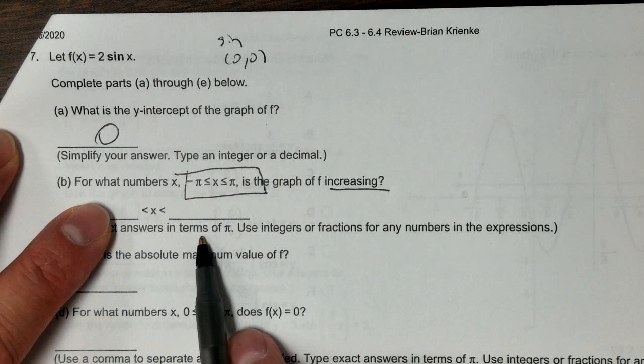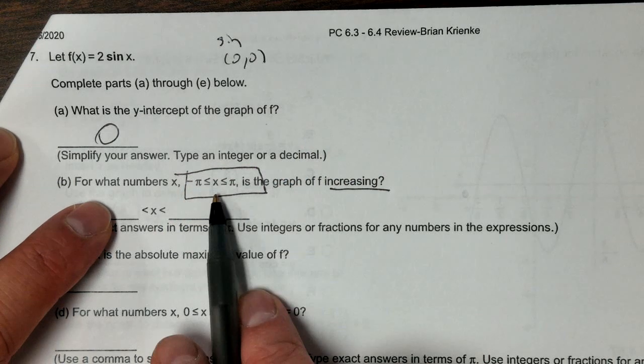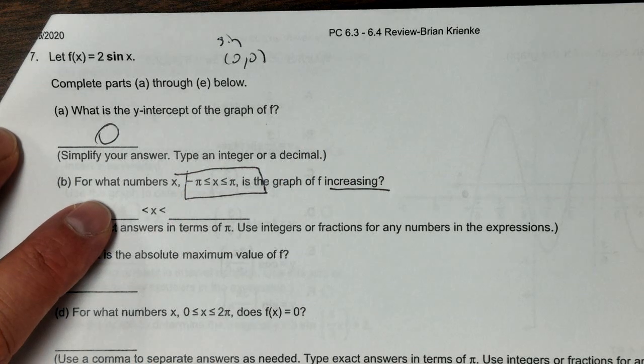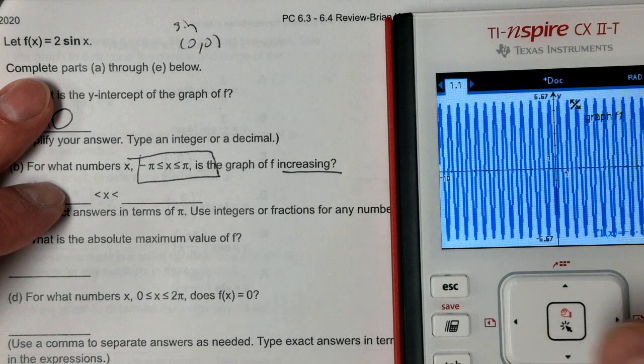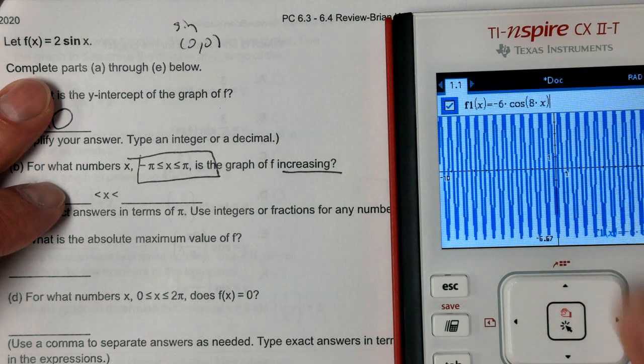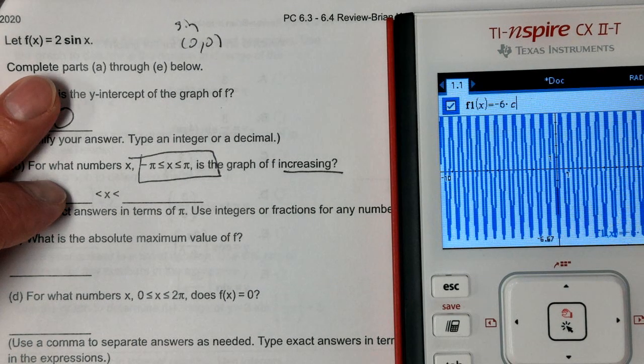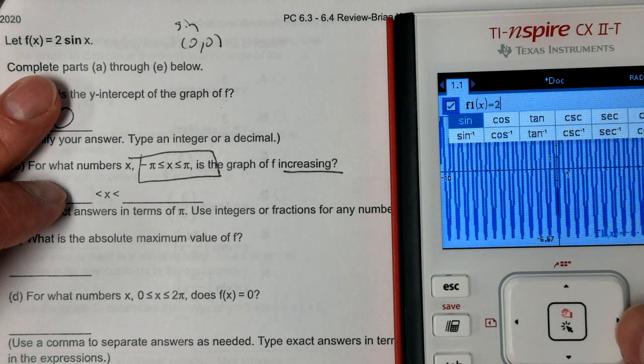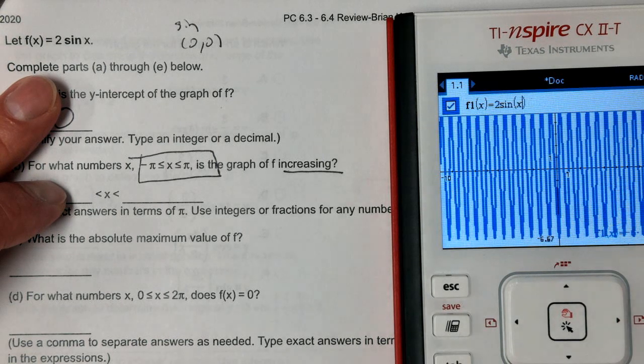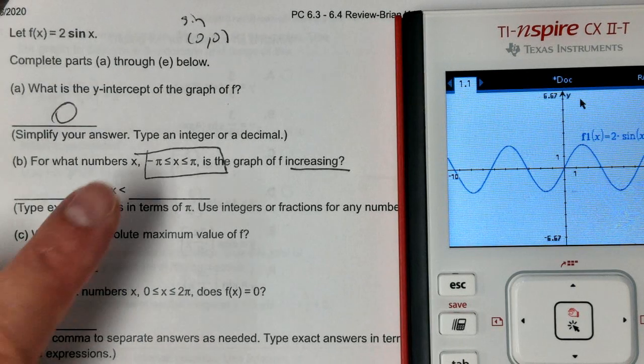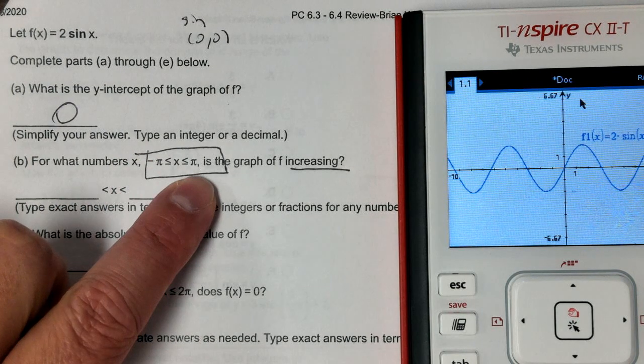Okay, well, let's talk about that right now. Okay, so the first step would be graph it. We've got 2 sine x. And we care about negative pi to pi.